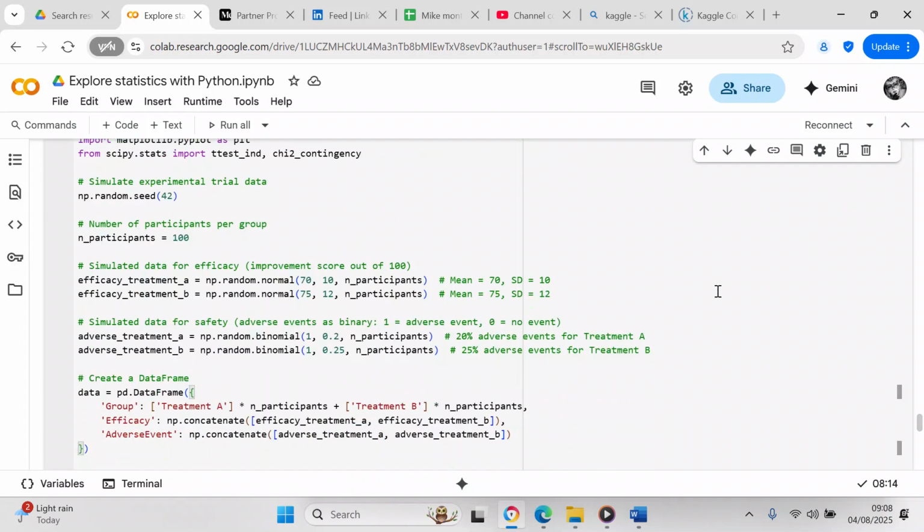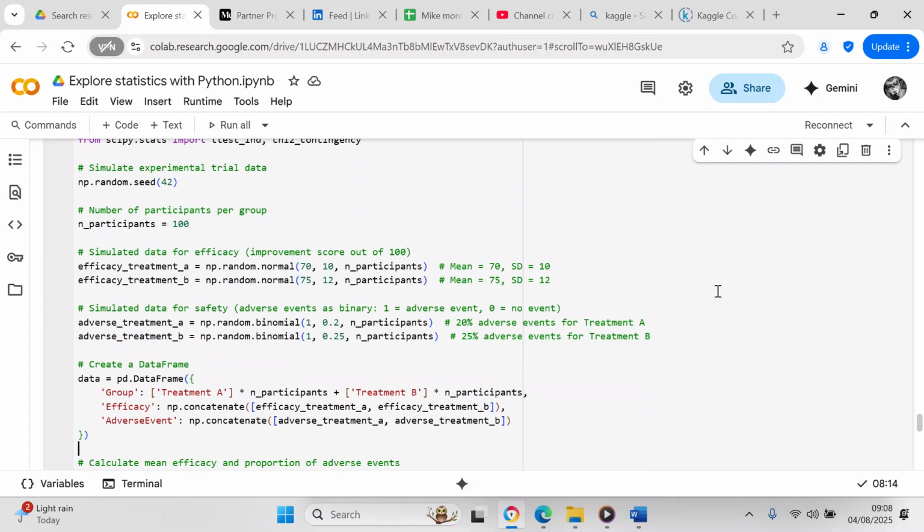Now we're going to use Pandas to create a data frame of the simulated data that we've just created. So data equals pd.DataFrame, group is treatment A times n_participants plus treatment B times n_participants. So you're going to have treatment A 100 times and treatment B 100 times.